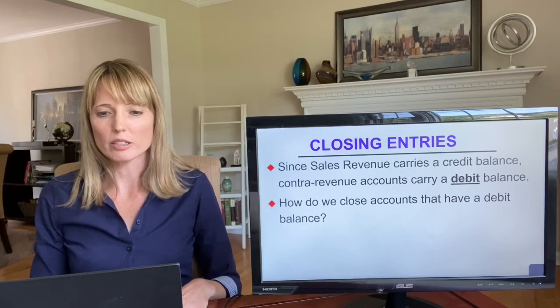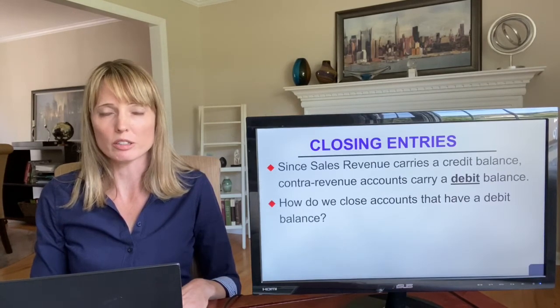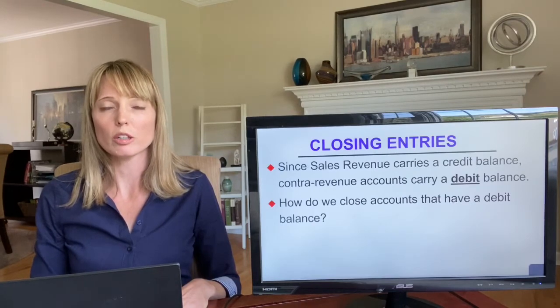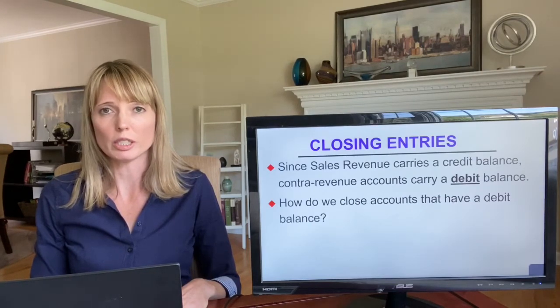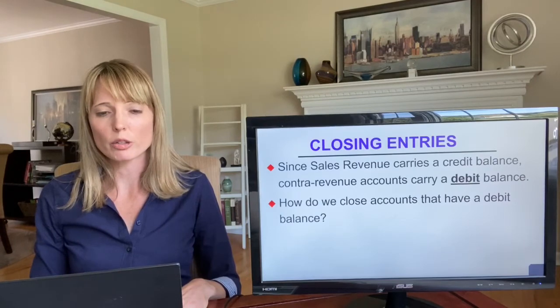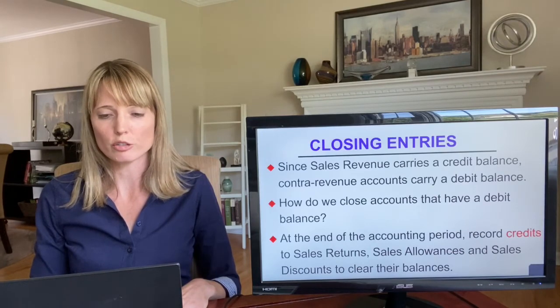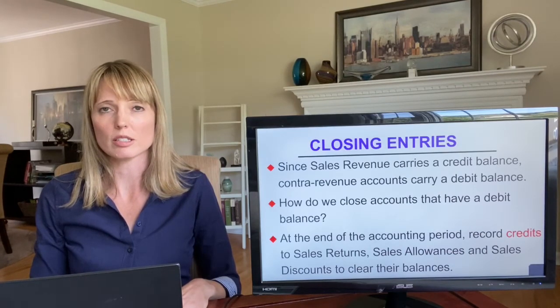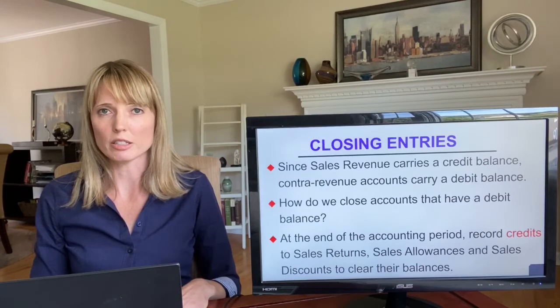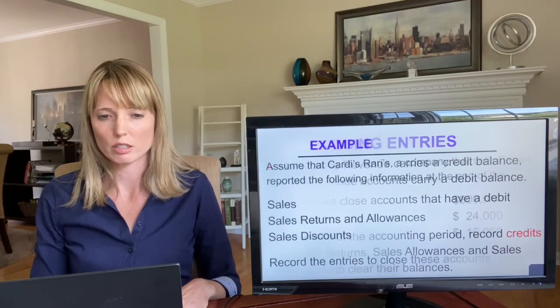Since sales revenue has a credit balance, contra revenue accounts again have a debit balance. So when we want to close the accounts at the end of the period, do we need to record a debit or a credit to those contra revenue accounts? Of course, we're going to record credits to sales returns, sales allowances, and sales discounts in order to clear their balances with our closing entries.